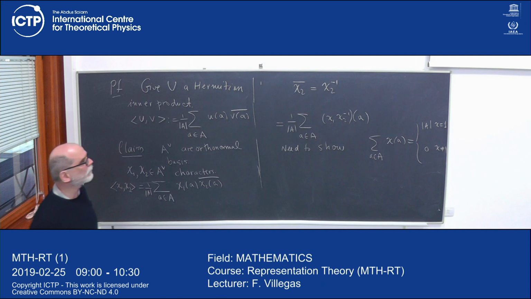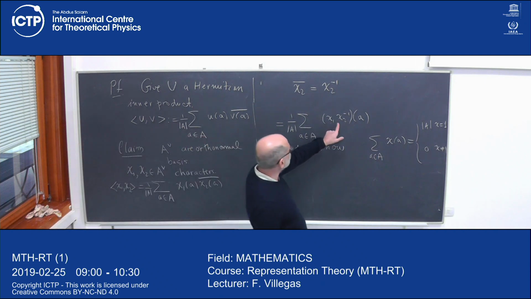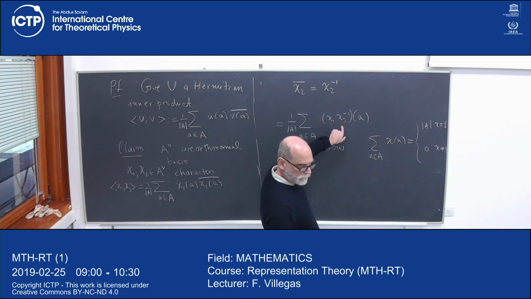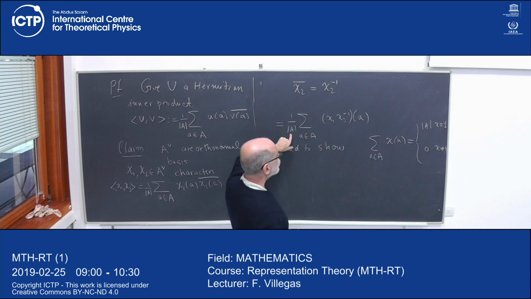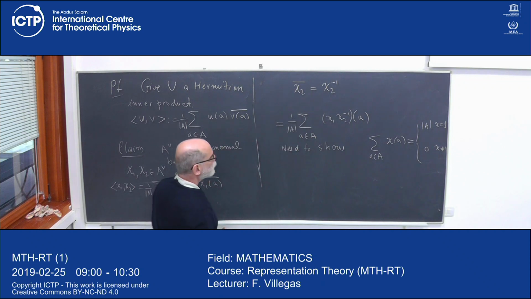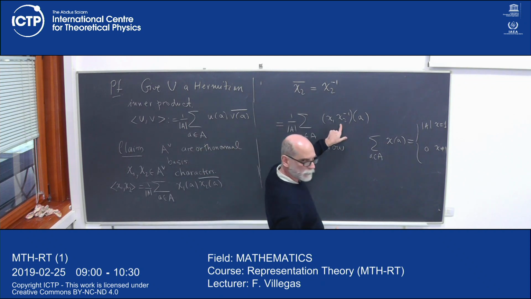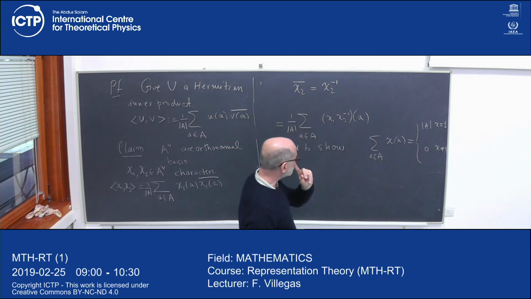And that will prove it, because if chi1 is equal to chi2, then it's the trivial character, and I will get a total sum of size of A, which will cancel and give me 1. And if they're different, then this will be a non-trivial character, and then according to this, I will get 0.